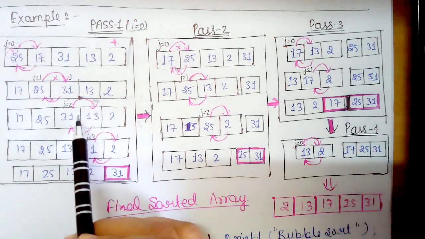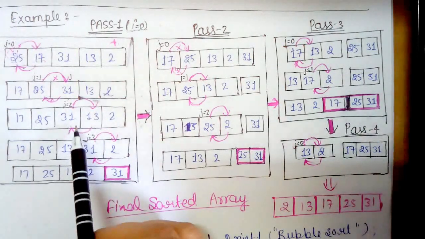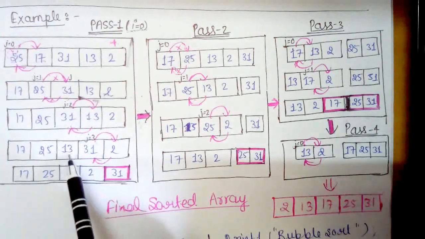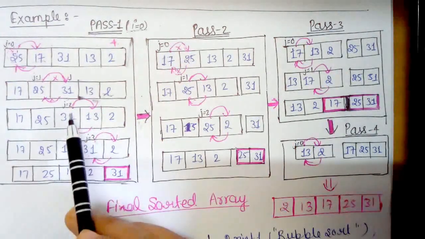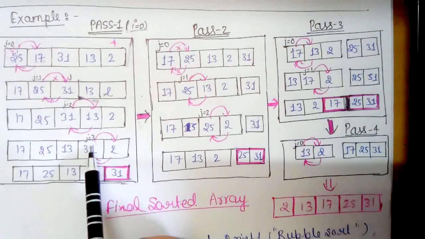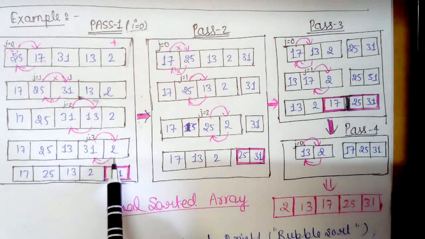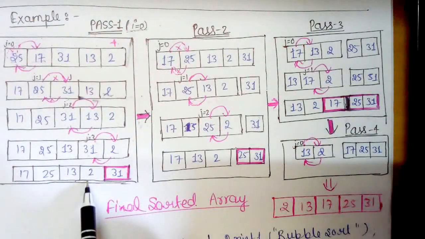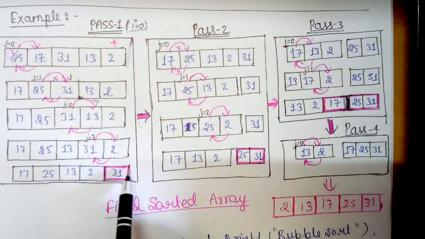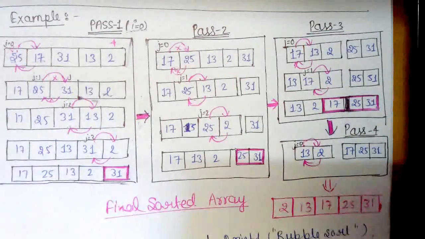I will swap these two values because 31 is greater than 13. Now j is 3, so I will compare the jth value and j plus 1th value, and they will be swapped, and at last we will get 31.